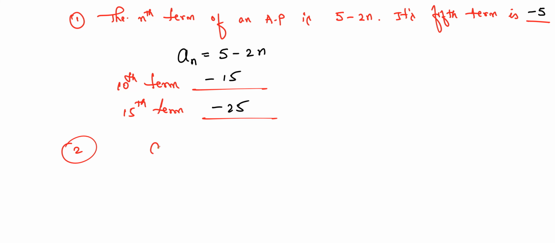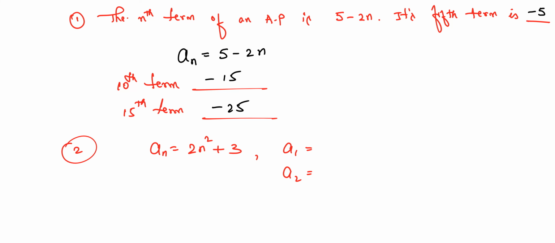Same way, if the nth term is 2n square plus 3, then find its first two terms. First two terms means A1 and A2.